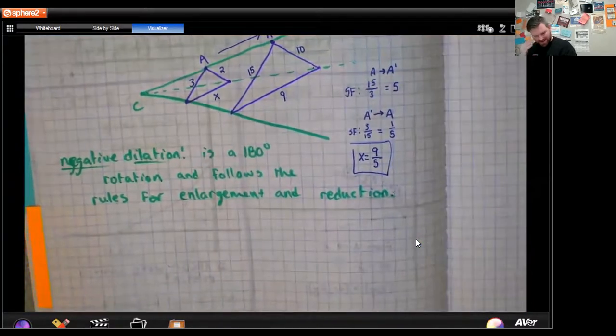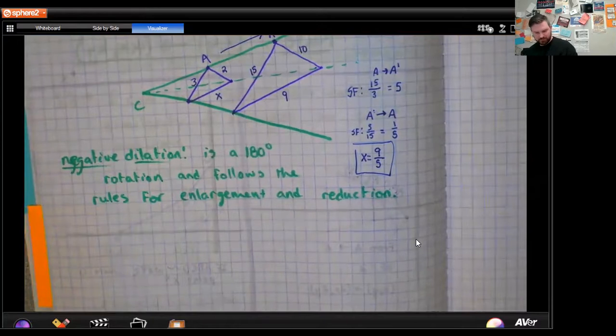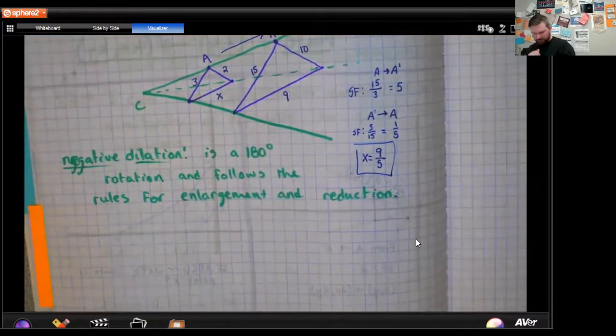Okay, so a negative dilation is a little bit weird, and I'll do an example here.